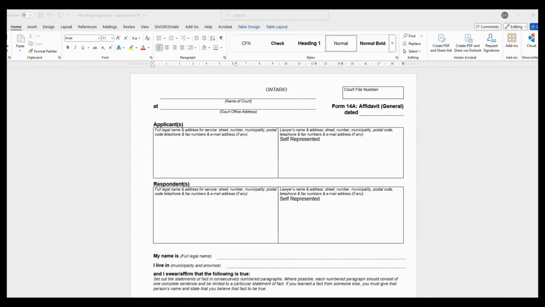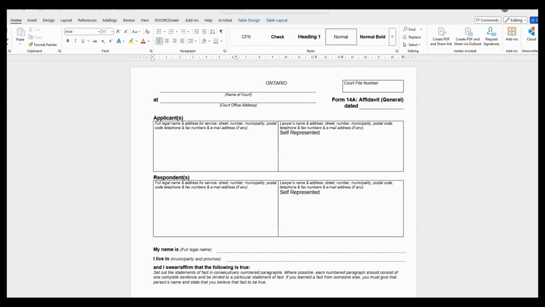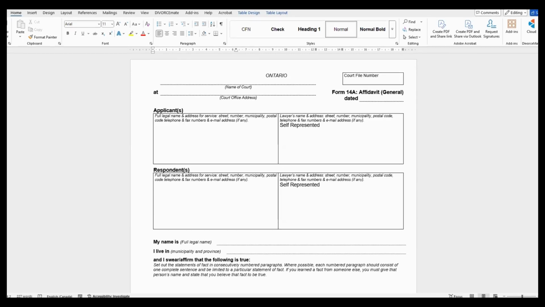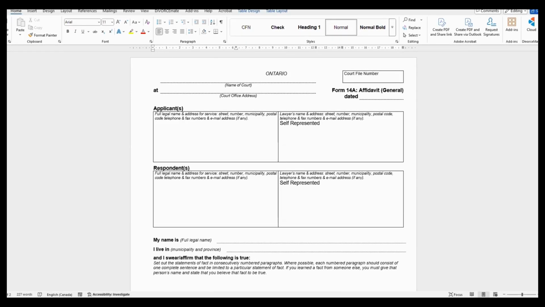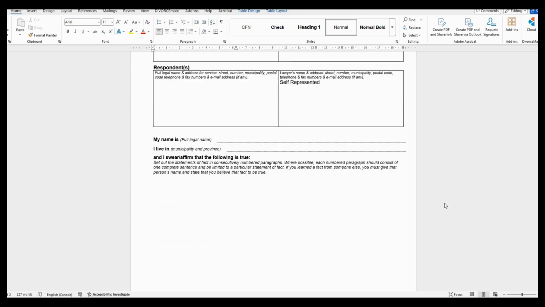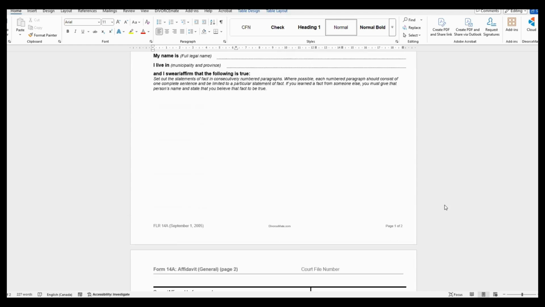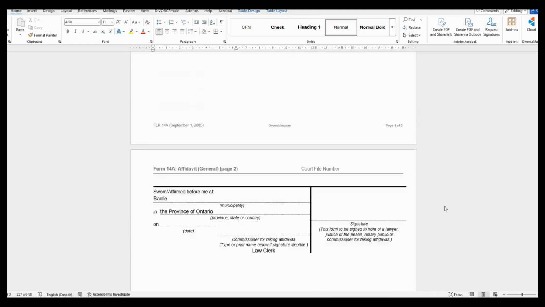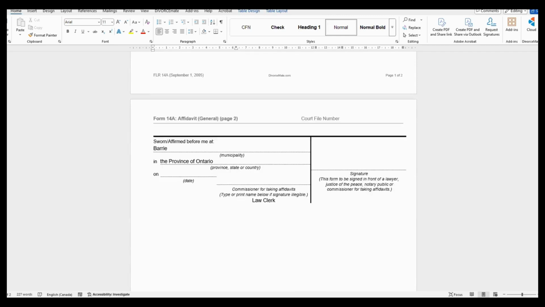The Form 14A is the why. The court is going to look at this and say, okay, you're asking for the following orders, but why are you asking for it? So in this affidavit, which is a sworn document, you need to indicate the reasons why you need these orders and why you cannot serve the other party.